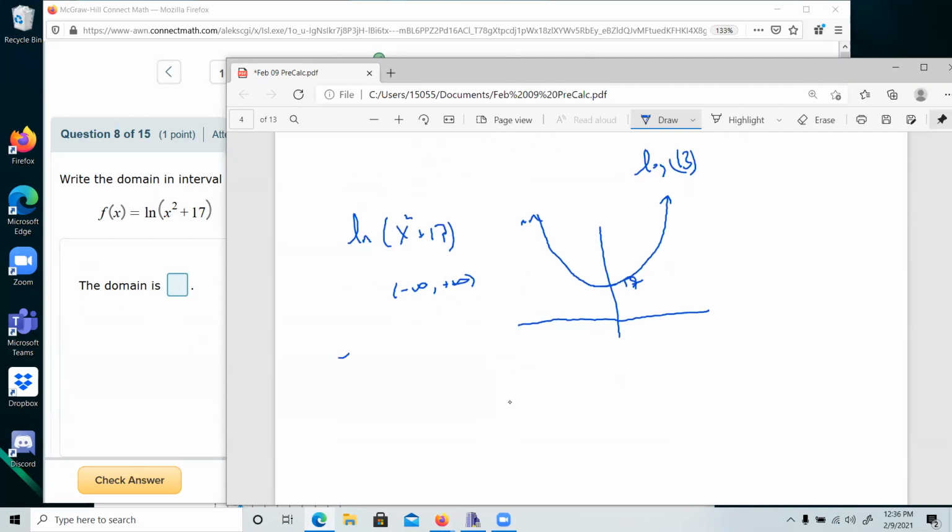Let's do a more interesting one. Let's do ln of x squared minus 16. This is a drop, so we have a vertical shift. We're going to be down here somewhere. Where does it cross the axis?